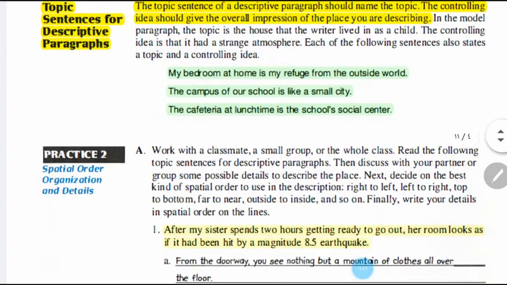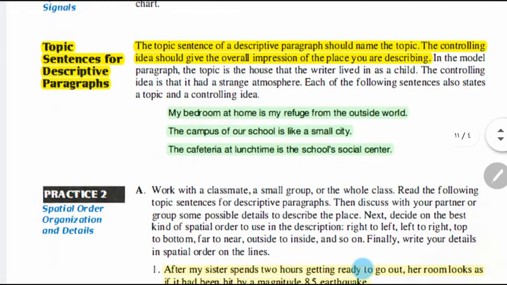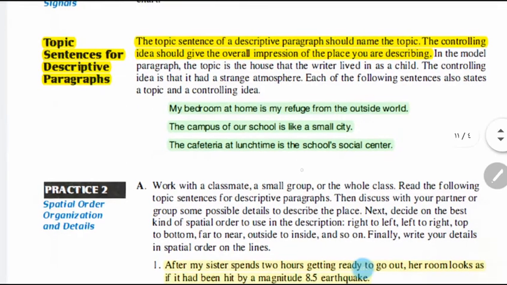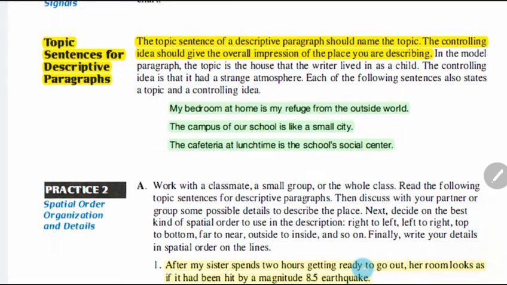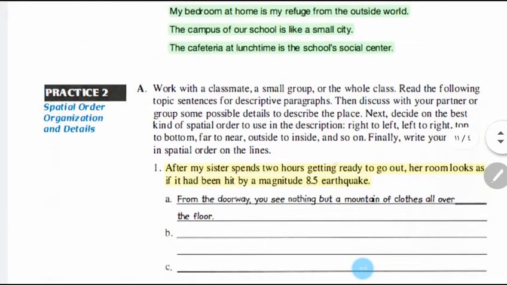So give a general or overall impression about the thing that you are describing. The campus of my school is like a small city. You are talking about the campus of your school, but you give an overall impression at the beginning, in the topic sentence.